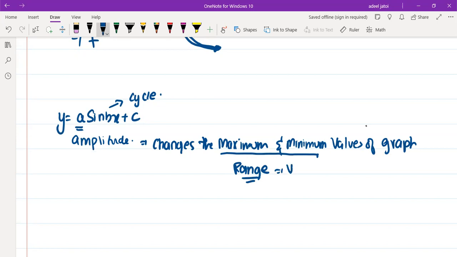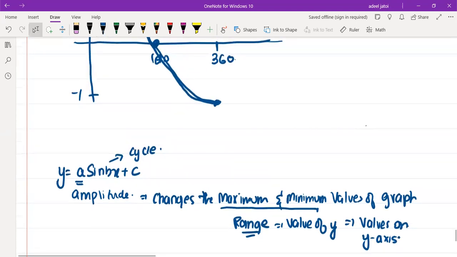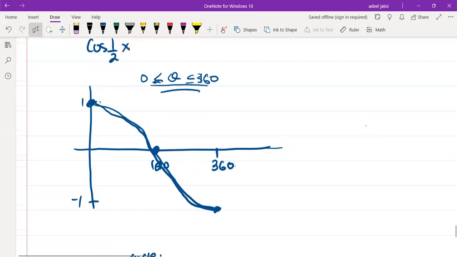Range is values of y. In other words, I can even say values on the y-axis. Now, if I go up, if you see that this graph had the value from f(x), if I am doing a function, I'll be writing the range as f(x).